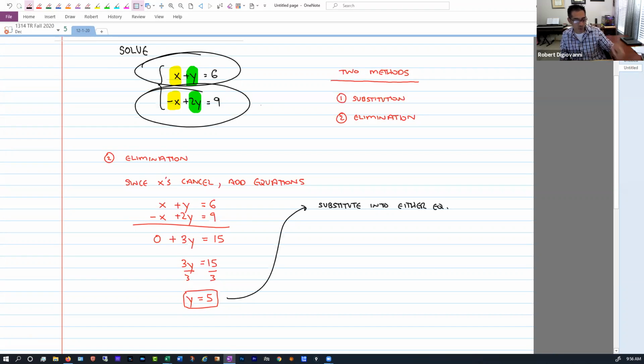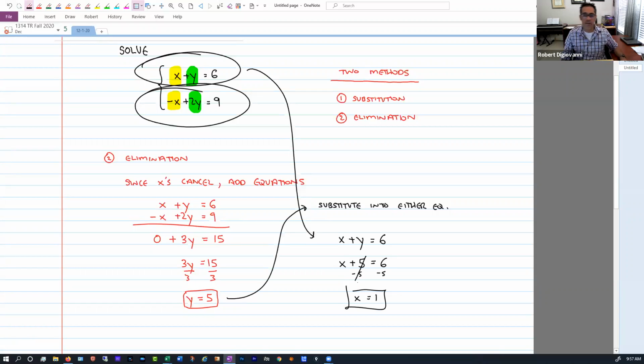We're just going to replace the y with 5. So I'm just going to take the top equation, which was x plus y is 6, and replace y with 5. And then I'm just going to subtract 5 on both sides, and you get x is 1. Bam, we're done.